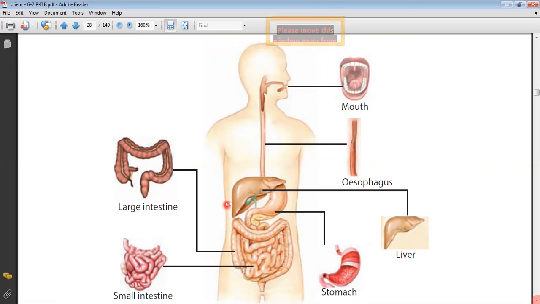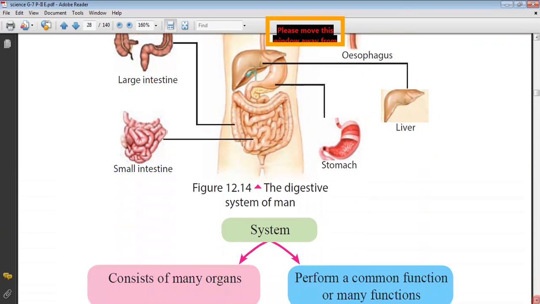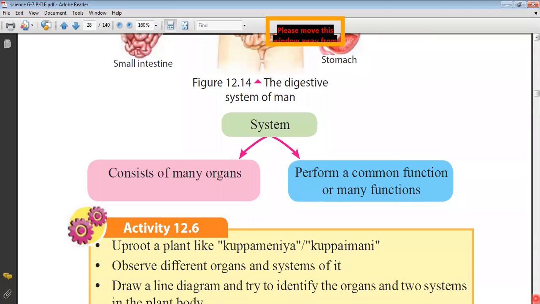There are six organs in the digestive system that work together to do the function of digesting food. It starts with the mouth, then the esophagus, then the liver, the stomach, the small intestine, and the large intestine. This is the digestive system of man. A system consists of many organs that perform a common function or many functions.